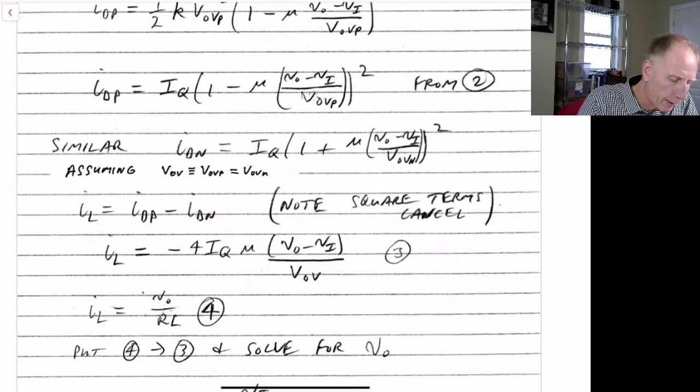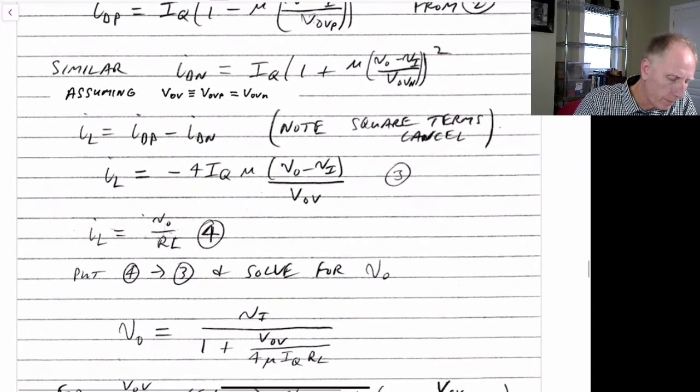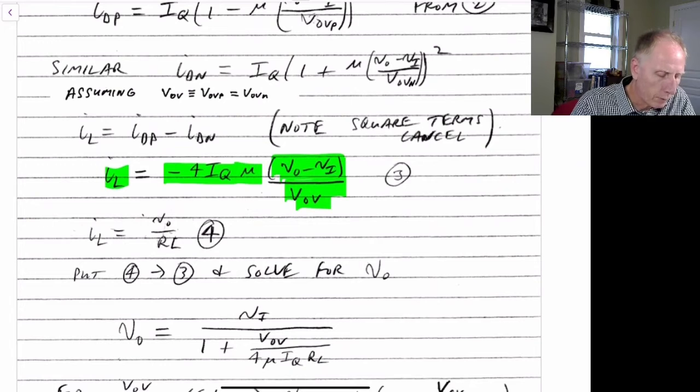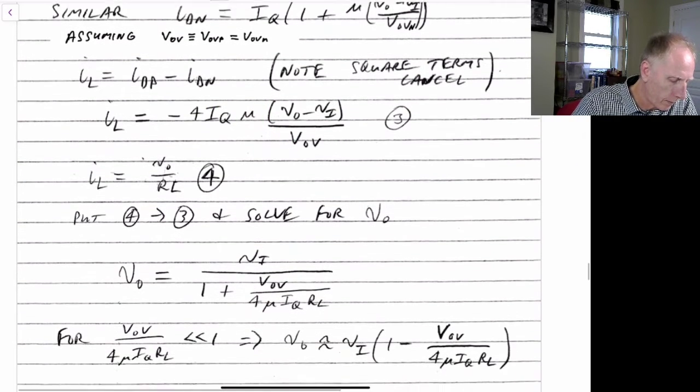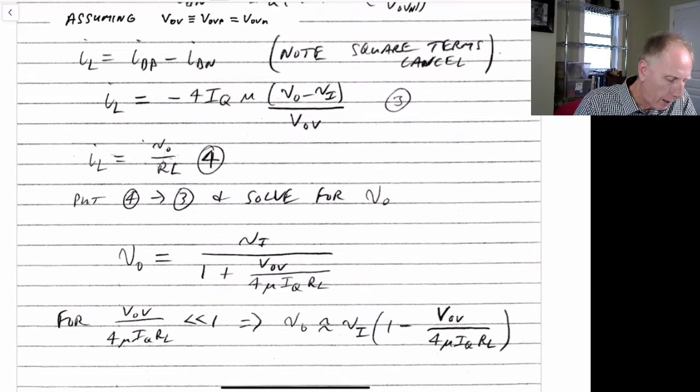So when we expand this term, there'll be a 1 plus a linear term and plus a squared term over here. The squared terms are going to cancel out. So we'll just end up with the load current is equal to minus 4 times IQ times mu times V out minus VI over V overdrive. And we also have that the load current is equal to V out divided by RL because it's the load resistance that we have over here.